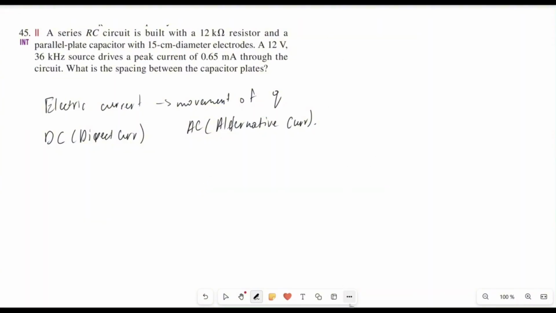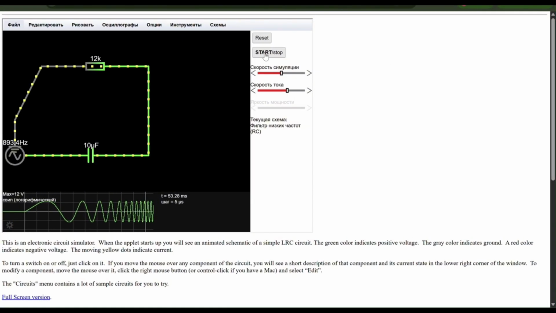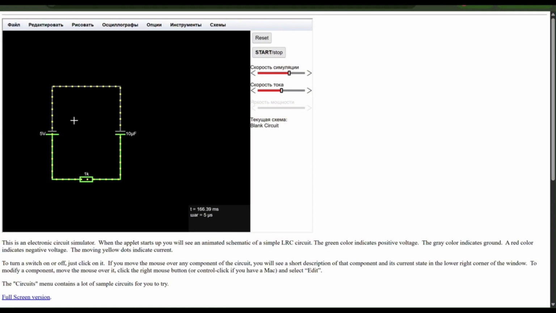So I want to show you how it actually acts. Like this, our DC source. We can see that current moves only in one direction. It moves like a battery.